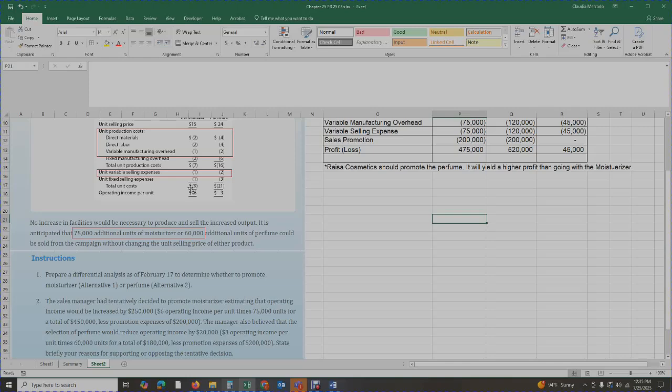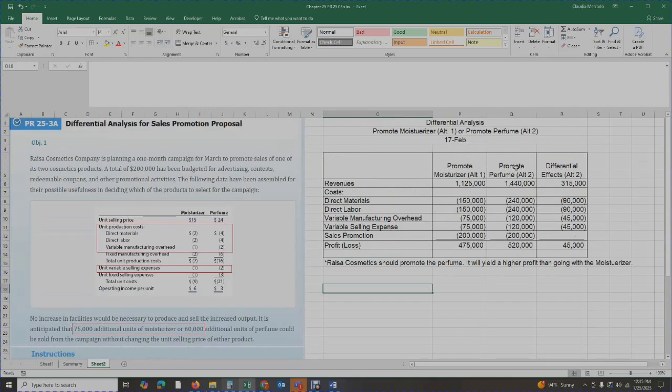Now that we have done the actual calculation, they're asking us to state briefly our reason for supporting or opposing the tentative decision. Based on what we have just calculated, we know that we're going to promote the perfume. It gives us a higher income. So we can say that the sales manager's tentative decision should be opposed.